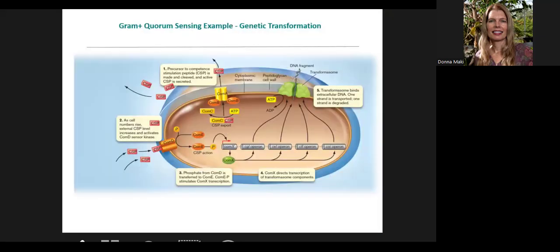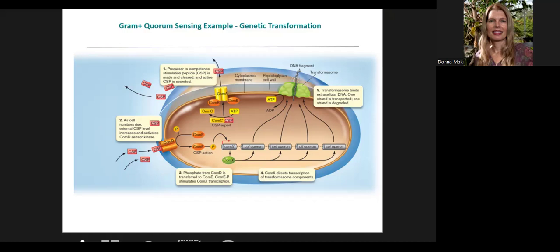So you've already seen this idea when we were looking at how certain bacteria pick up naked DNA in the environment when we were looking at transformation. And we talked about how gram positives tend to build these transformosome complexes so that they can bring in a little bit of the DNA. And that's actually quorum sensing related.